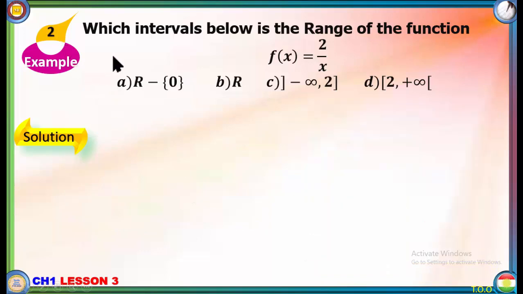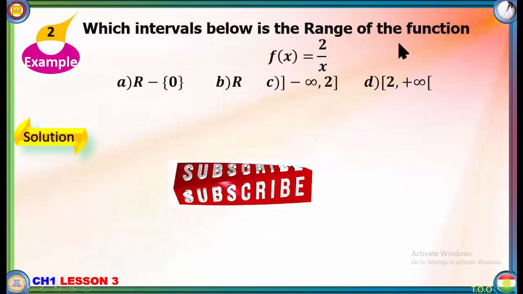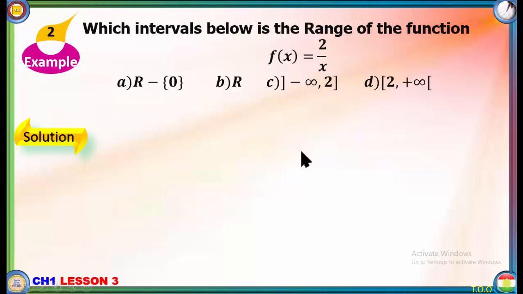Example number 2. Which interval below is the range of the function? Because this function is an odd function and the numerator is constant, that means that 2 over x is not equal to 0. That means the range is all real numbers except 0.